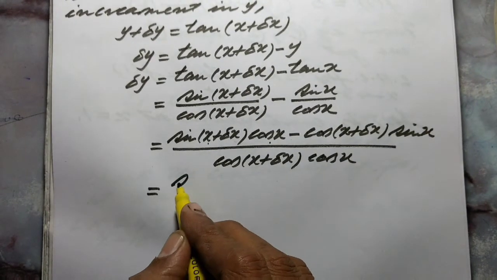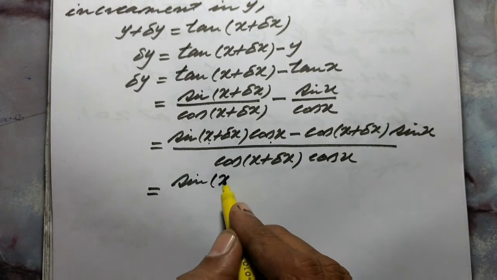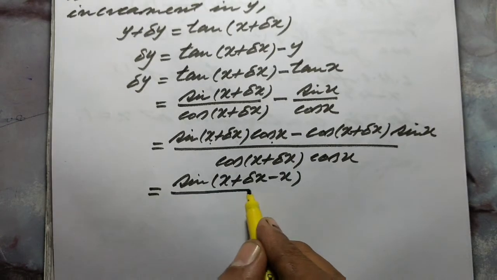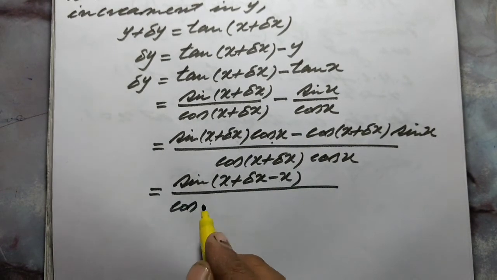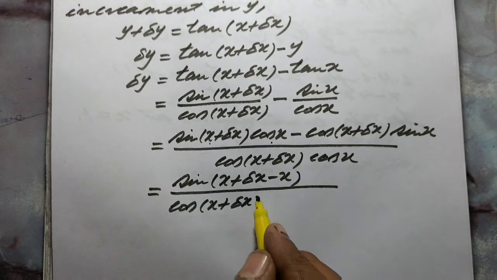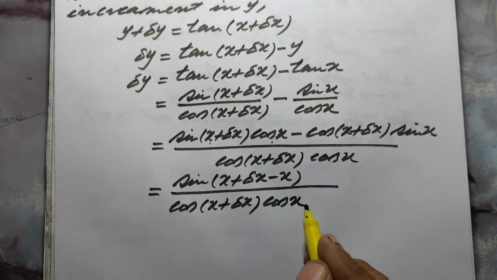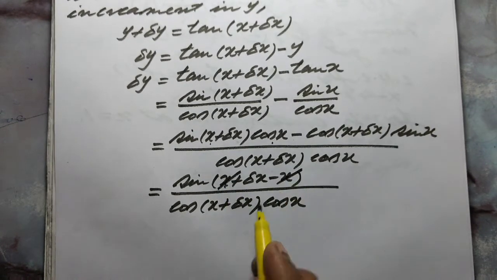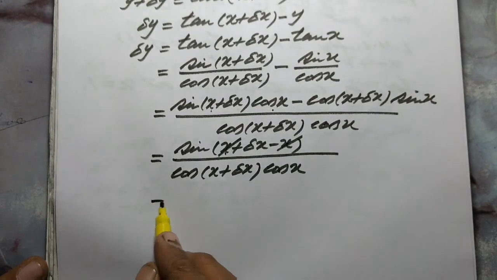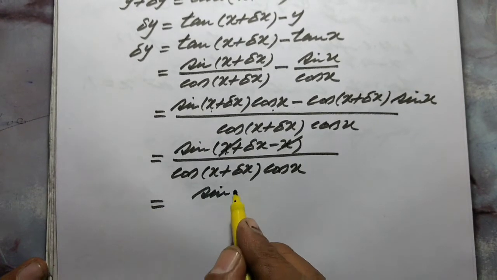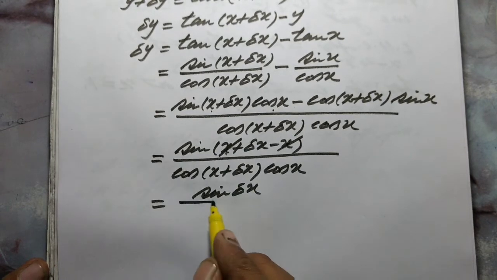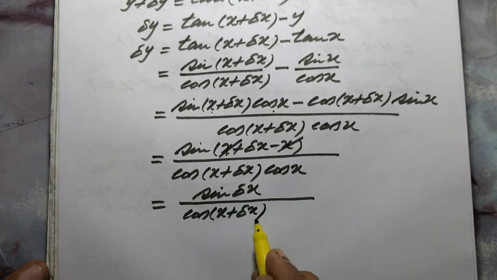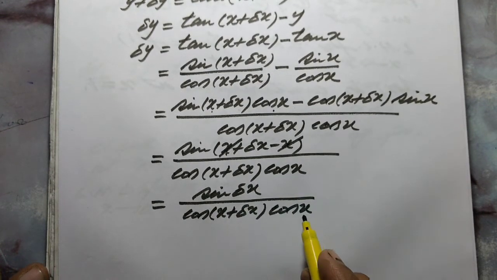So using the formula we may write it as sin of x plus delta x minus x upon cos of x plus delta x into cos x. Here in the numerator, positive x will cancel negative x and we get only sin delta x in the numerator, and in the denominator cos of x plus delta x into cos x.